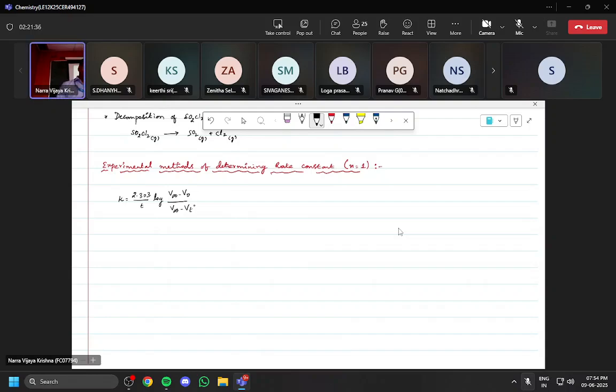If you want to measure rate constant in terms of volume, pressure, optical activity, optical rotation, observe whether all have the same format or not.